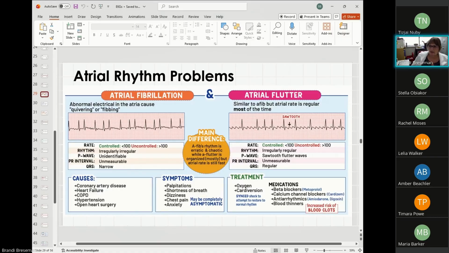And neither of those have regular rhythms. So once I see that I have a regular rhythm, I know I'm automatically taking out atrial fibrillation or atrial flutter. When I see that I have an irregular rhythm, my first thought is either atrial fibrillation or atrial flutter.